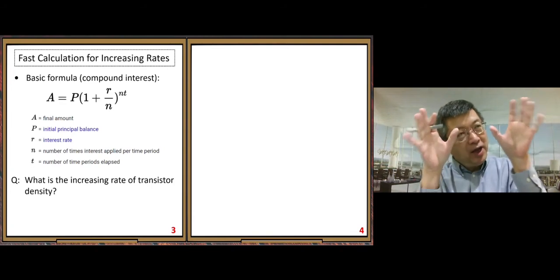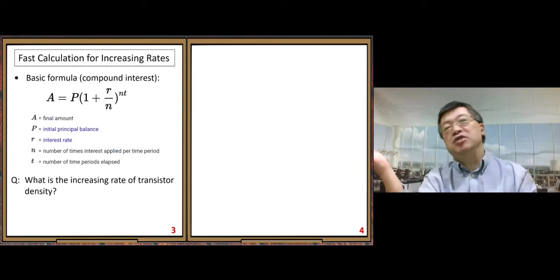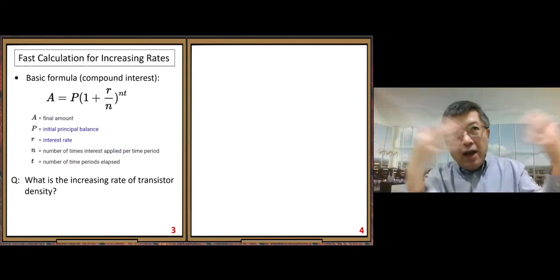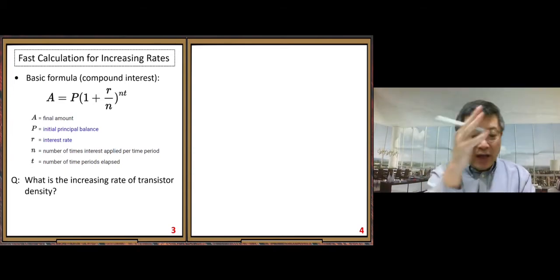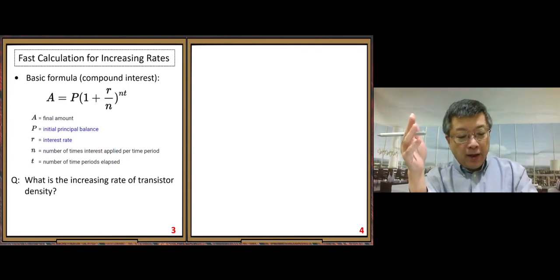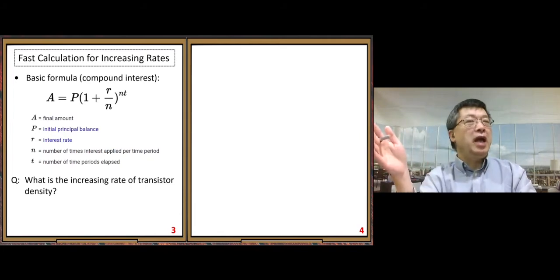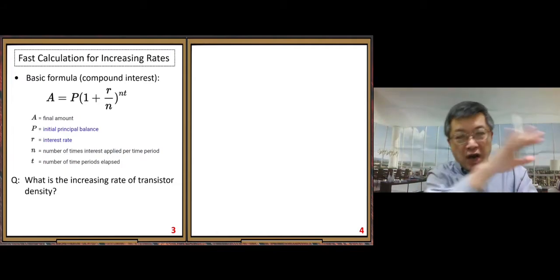Every year, your interest is compounded how many times, right? Quarterly, monthly, daily? So that's the N. Then T is the number of periods elapsed, which usually corresponds to the number of years. So this is the general formula.